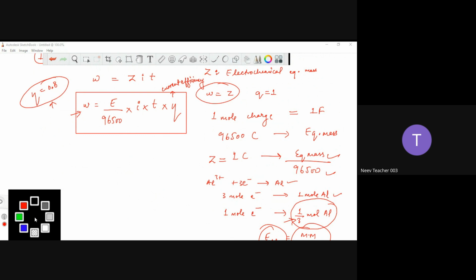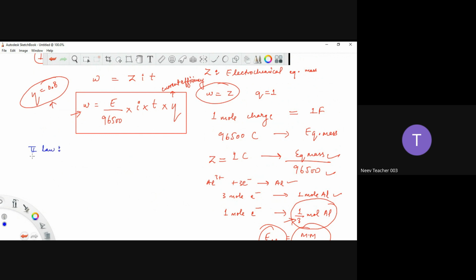Here only we can discuss Faraday's second law. The second law is basically an improvisation of the first law. It says if you pass an equal charge through two different electrolytes, then they will deposit weights in the ratio of their equivalent weights. So you have two different electrolytes.